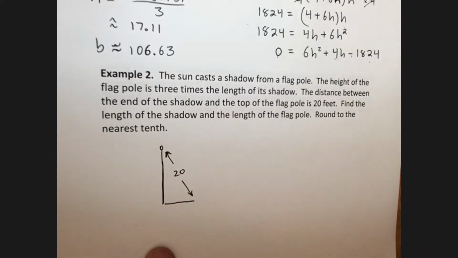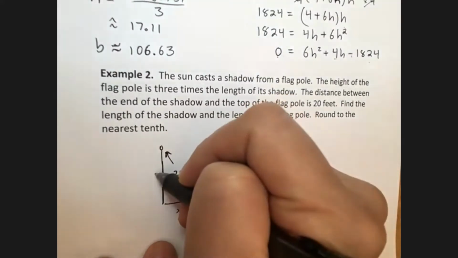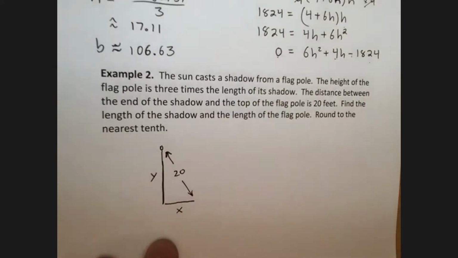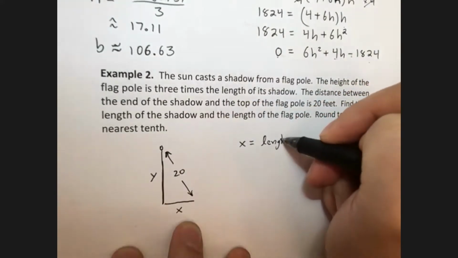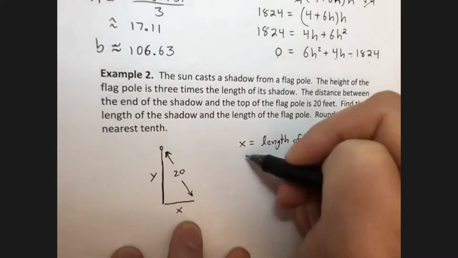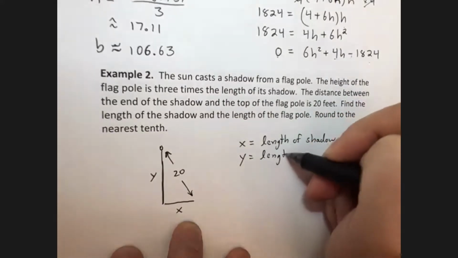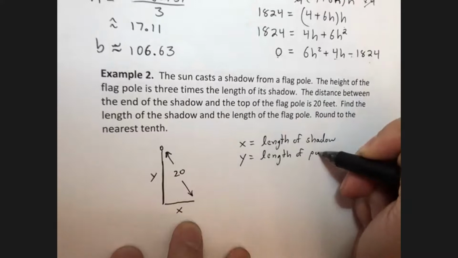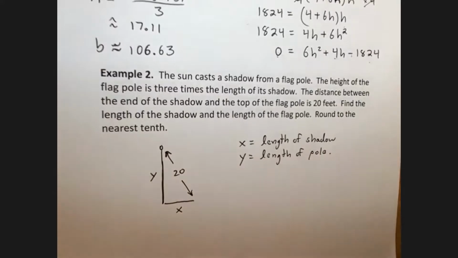So, all right, well, let's say the length of the shadow is X and the length of the flagpole is Y. Okay? So X equals length of shadow, Y equals length of the pole. Now, let's see what information we have here.